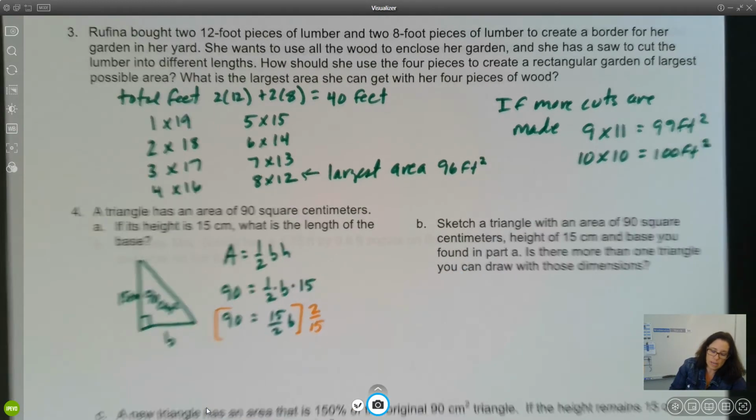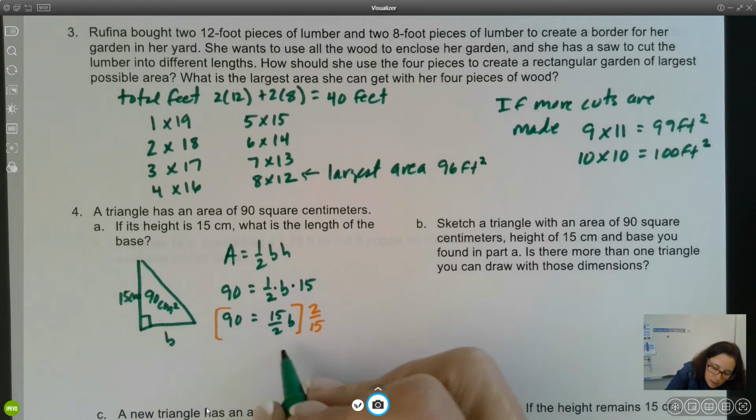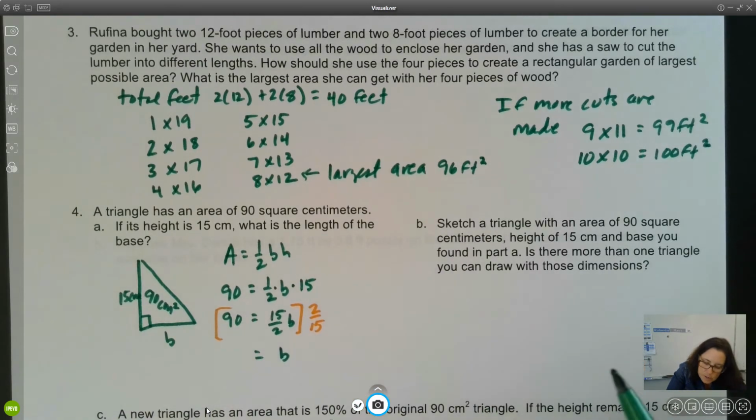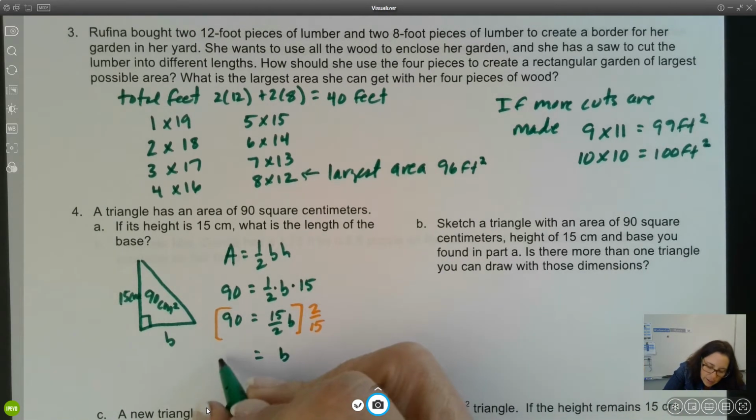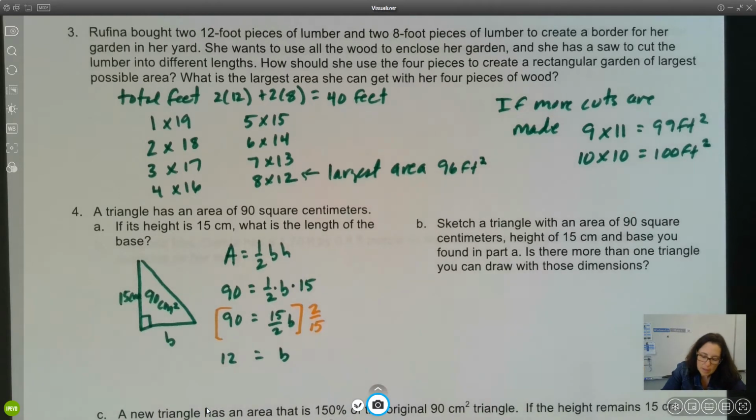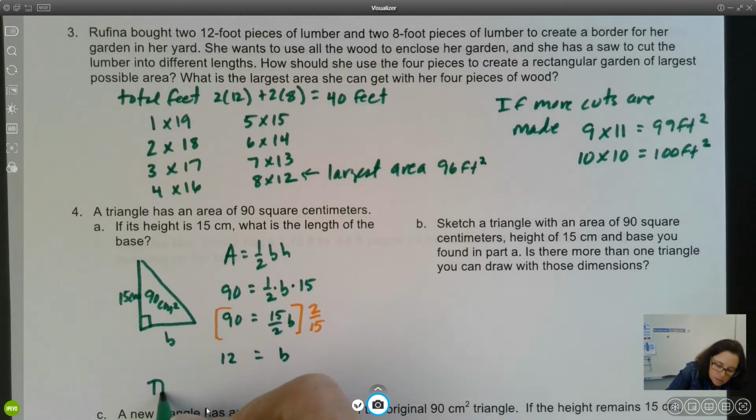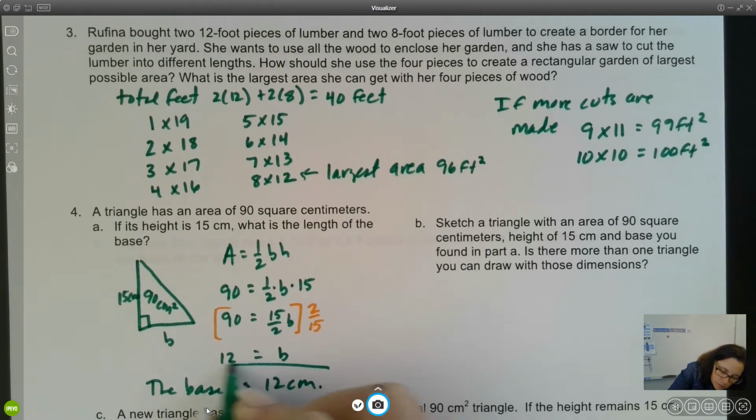Okay, and when I do that, I get 1B equals, I would have 12 here. 90 times 2 is 180 divided by 15 gets 12. Or you can cross cancel the 90 and the 15 and get 6 times 2 is 12. Okay, so the base is 12 centimeters.